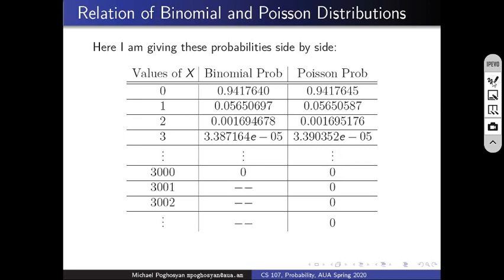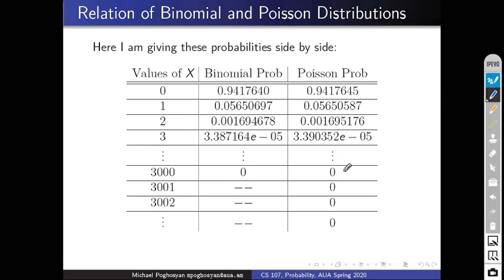What is this in fact? This is e to the minus lambda, where lambda was 0.06, so 0.06 to the 3000, a very small number, over 3000 factorial. So this is practically 0.